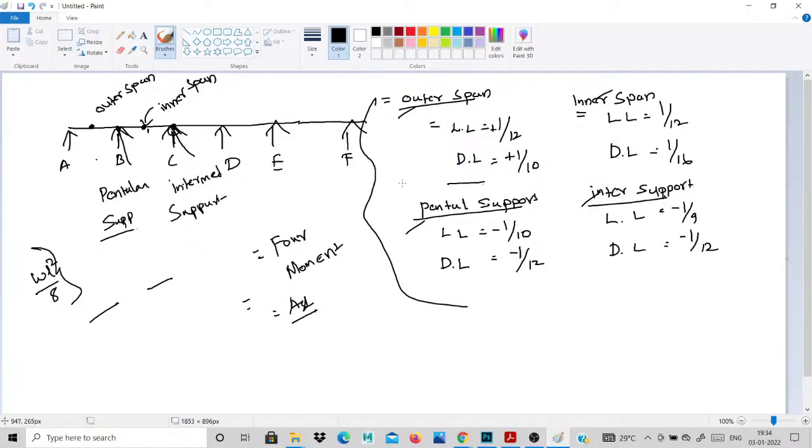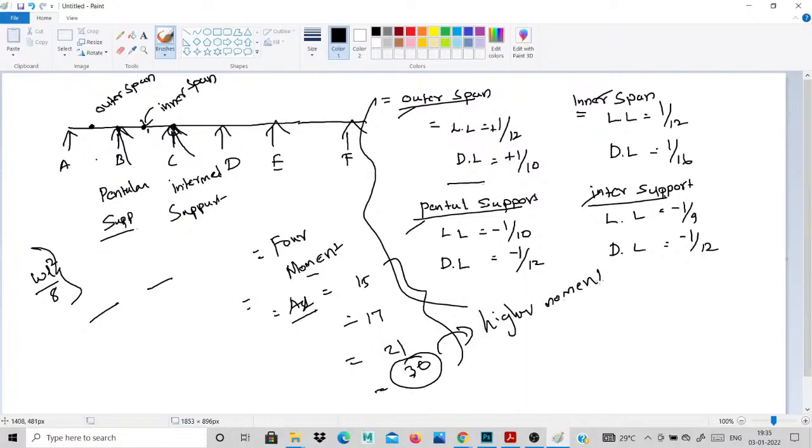Which of the four moments will be taken? You compare the four moments. Say the first moment is 15, the second 17, then 21 and 30. Since 30 is the highest, you take this higher moment, and it is used to calculate your Ast and all the values.